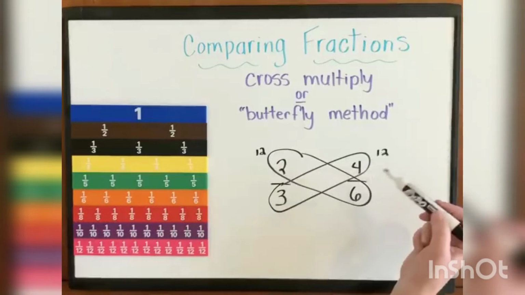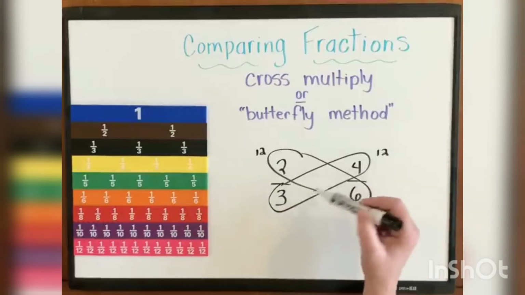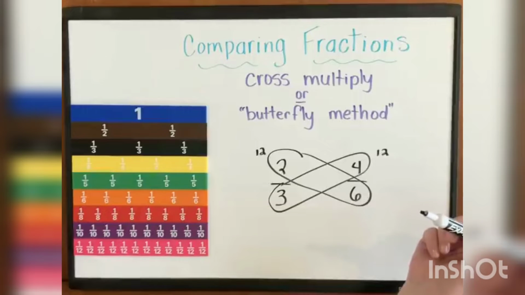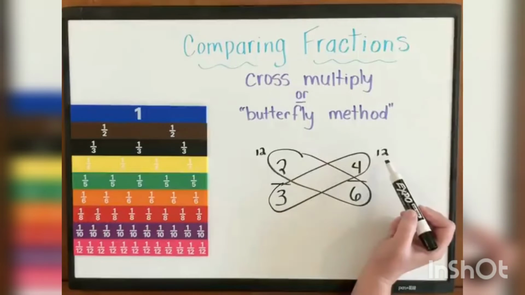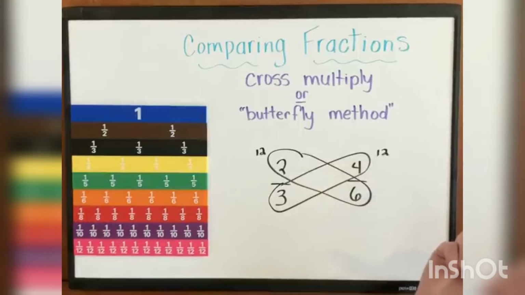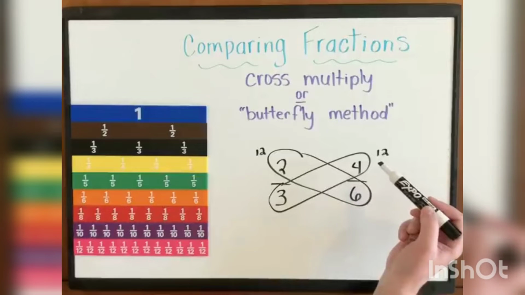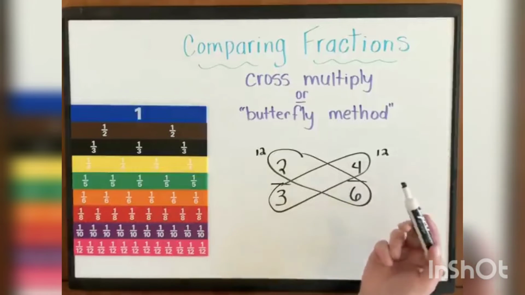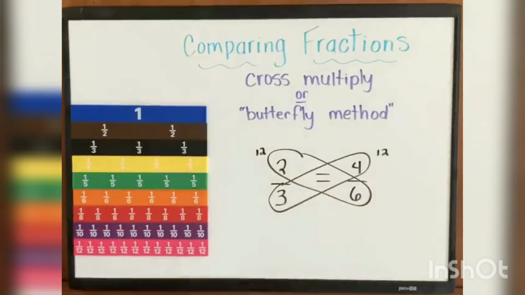As you can see, these look very similar to butterfly wings, which is where the name comes from. Now, to finish out this problem, I have two numbers that I've multiplied. I have a 12 and I have a 12. I can compare those, but neither number is greater than the other. They're the same. So in this case, this would be an equivalent fraction.